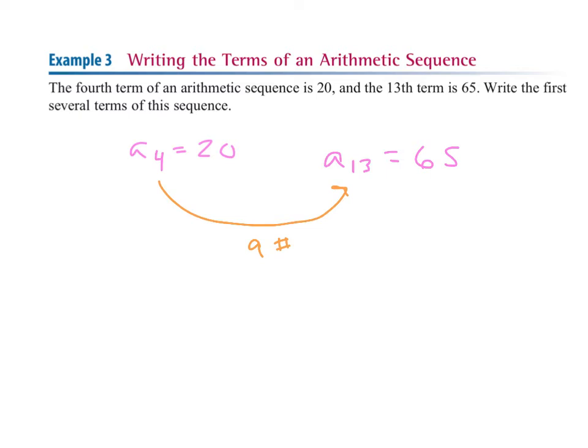So we always start with our larger term, so that would be 65. So we have a sub 13 is equal to a sub 4 plus however many spaces we had in between, so 9 times d.